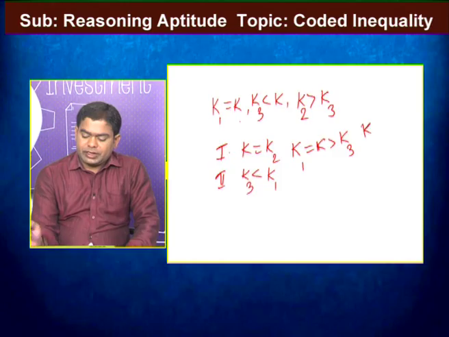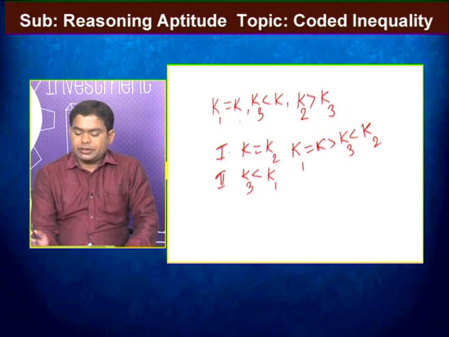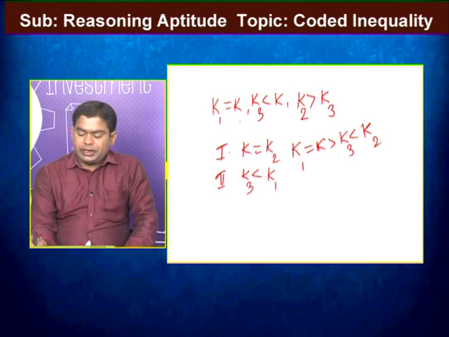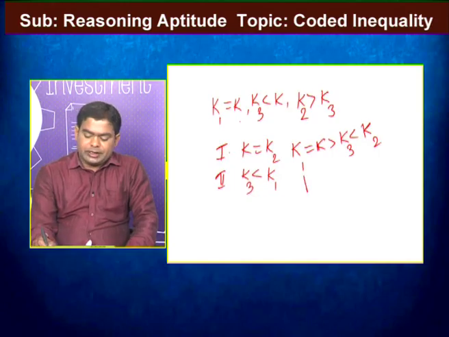Here arrows are towards the K side. Again that K3 is related to K2, that means here arrows are towards the K2 side. That means K1 equal to K, K greater than K3, K3 less than K2. This is the combined statement.